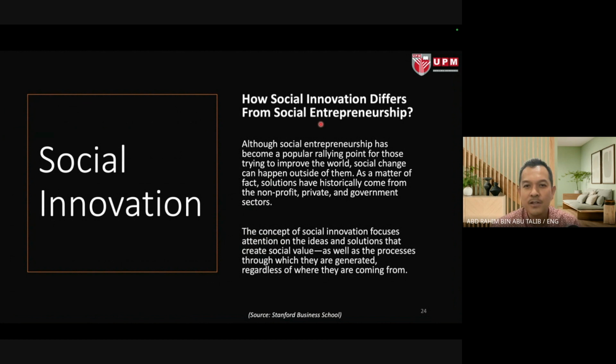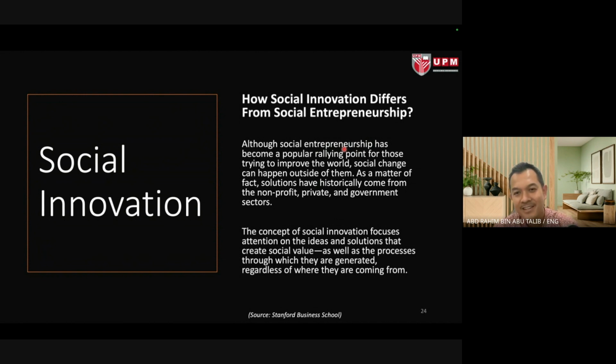How social innovation differs from social entrepreneurship. So again, from Stanford Business School, they mentioned here, although social entrepreneurship has become a popular rallying point for those trying to improve the world, okay, like this is quite familiar, where business companies that are very successful, they do charity, right?